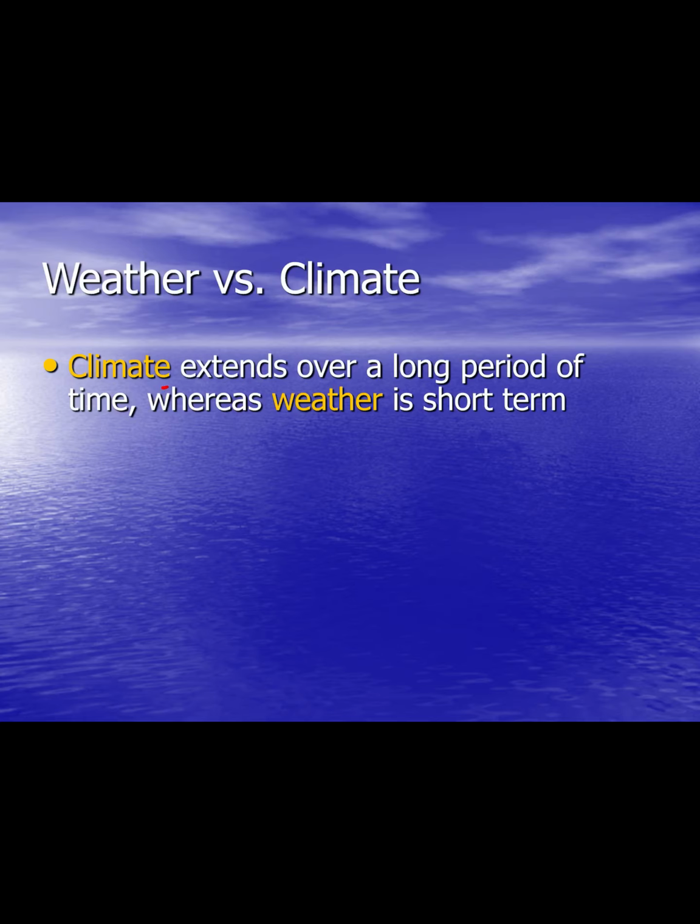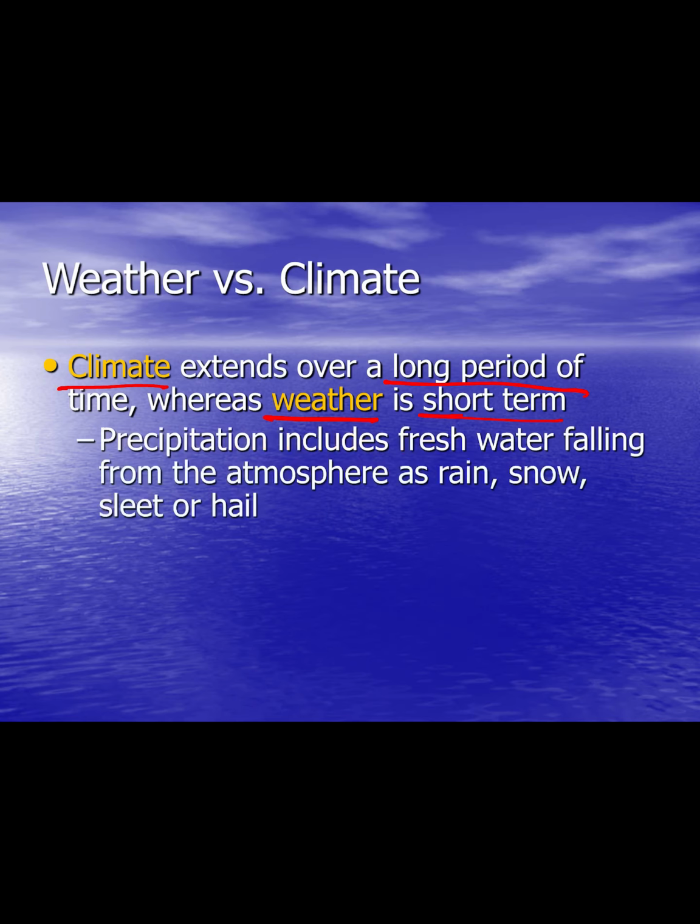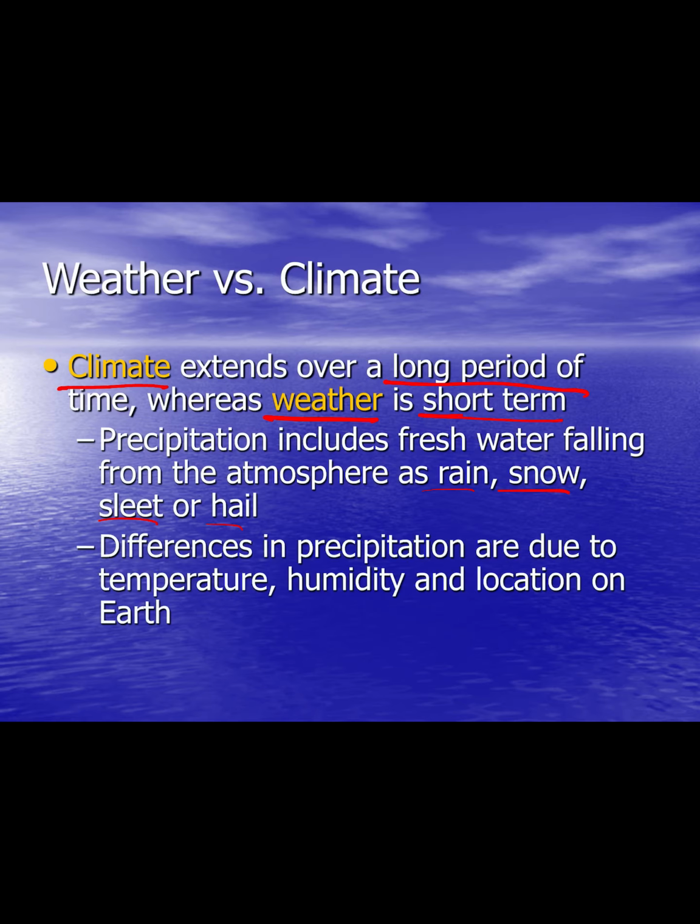So again, when we're looking at this, climate over a long period, weather short term, okay? And when we're talking about all of this weather, we're talking about things like rain, snow, sleet, hail. We're looking at humidity, temperature, pressure, all of those types of things that we see outside when we look at our weather for that day.